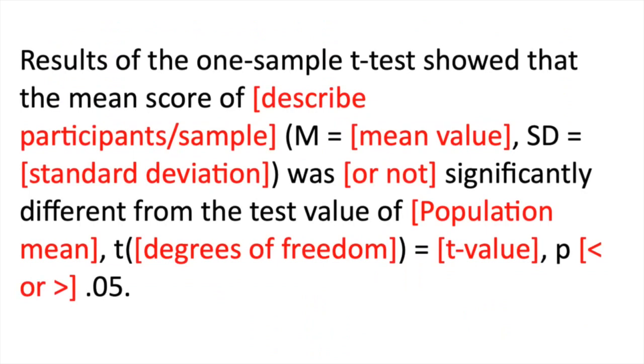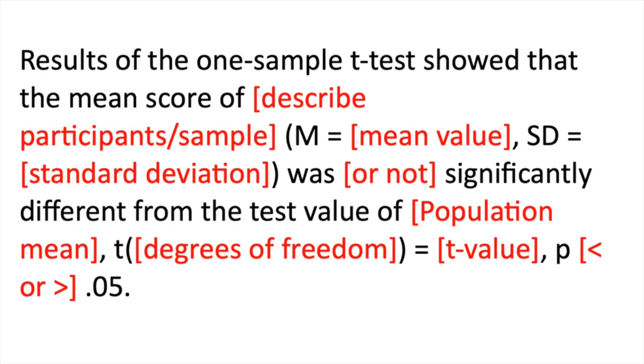Sample mean, sample standard deviation. Depending on what results you get, it either was significantly different or was not significantly different. You have to state your alpha too. What alpha are you planning on using? 0.05, 0.1, 0.01? Depending on your alpha, it could be significant or not.